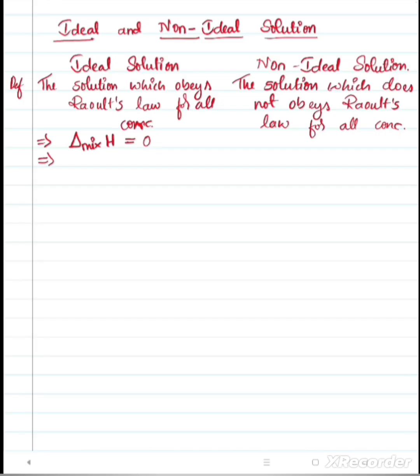The next one, delta mix V, that is volume. The change in volume after mixing solute and solvent will be 0 in case of an ideal solution. But in case of a non-ideal solution, delta H is not equal to 0 and delta V is also not equal to 0. After mixing, energy will differ and volume will also differ.